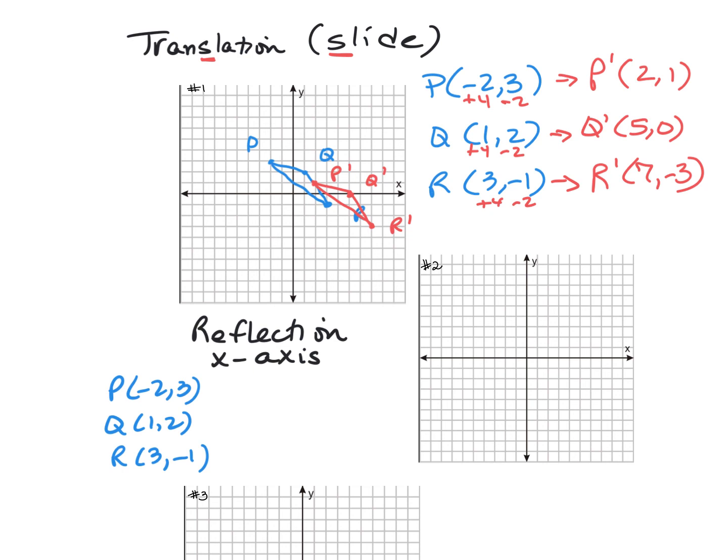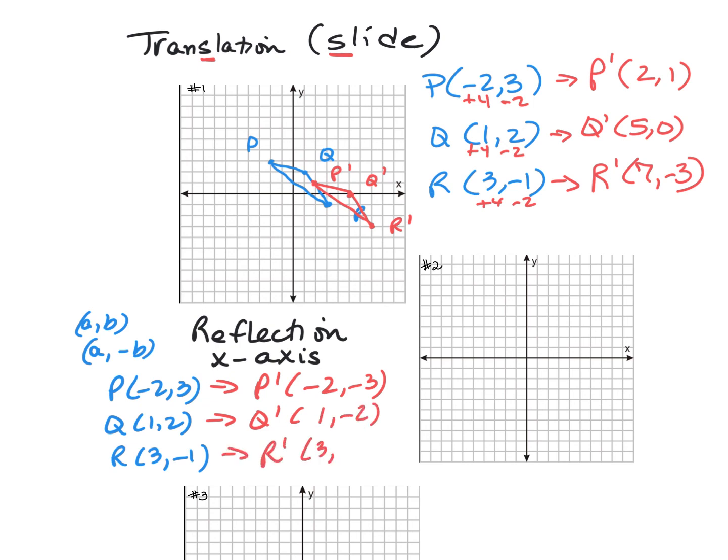So remember on this one, the order pair, the X stayed the same and the Y went to opposite. So my new order pair for P prime turned into -2, -3. Q became 1, -2, and the R prime became 3, 1.